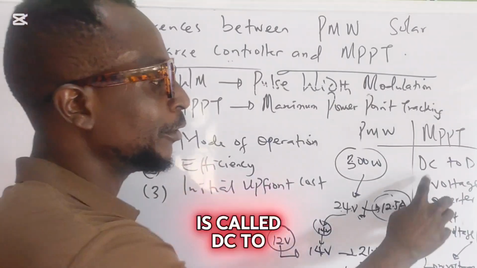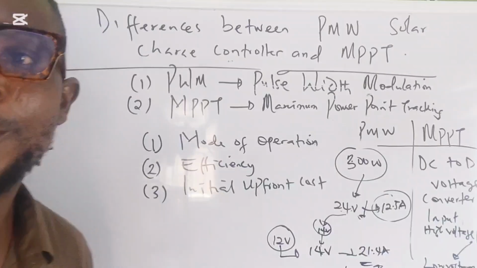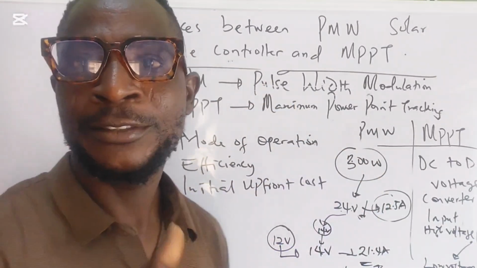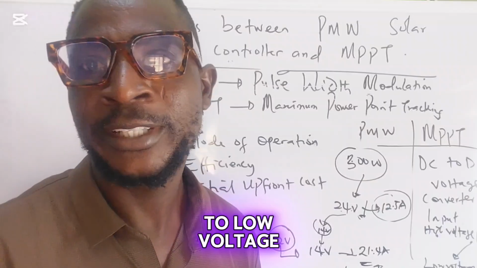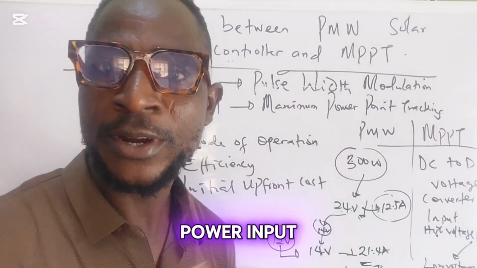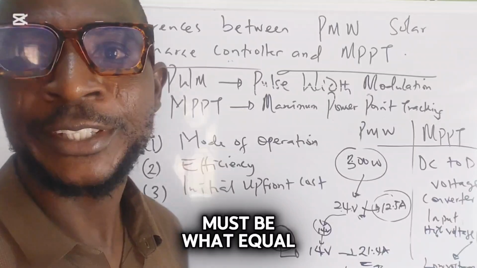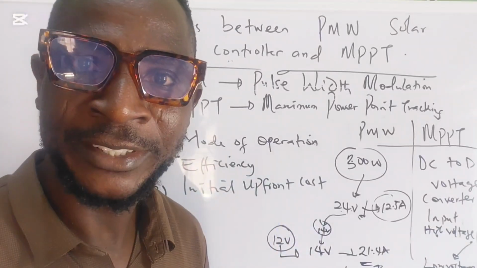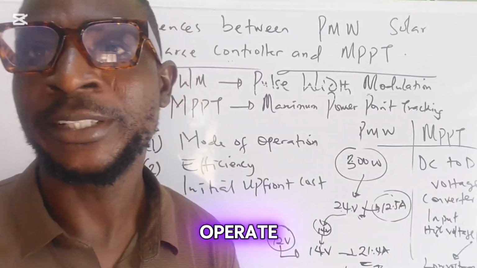This is why it is called a DC to DC converter. High voltage, low current to low voltage, high current. Principle of conservation of power. Power input must be equal to power output. So that is just the way MPPT operates.